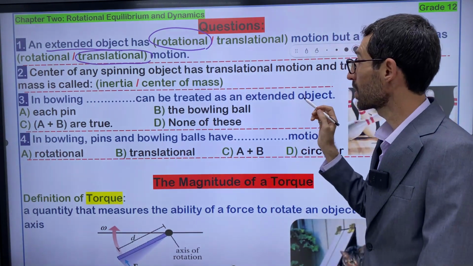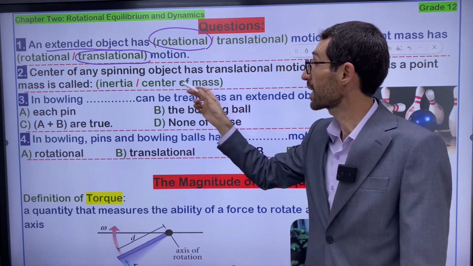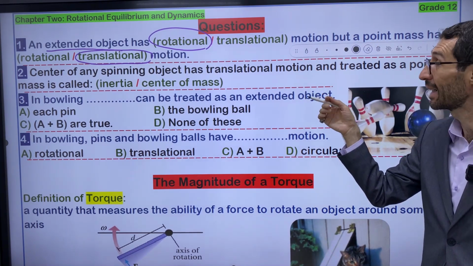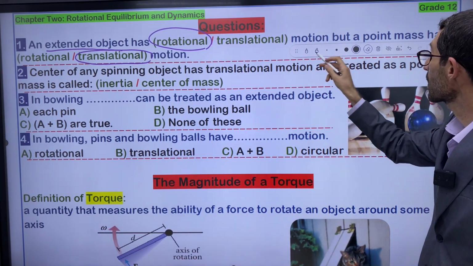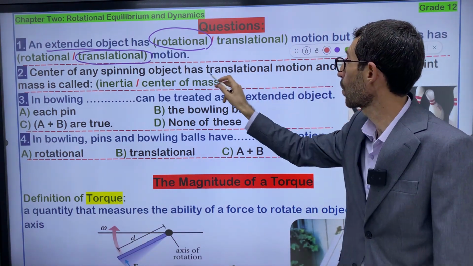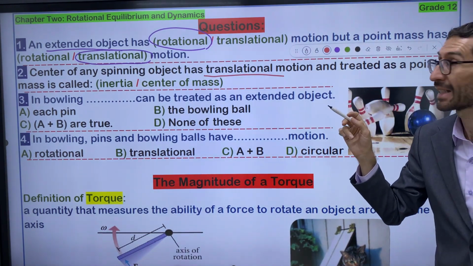Question number 2, center of any spinning object. The center of any spinning object is just a point, right? It has only translational motion, and it is treated as a point mass.